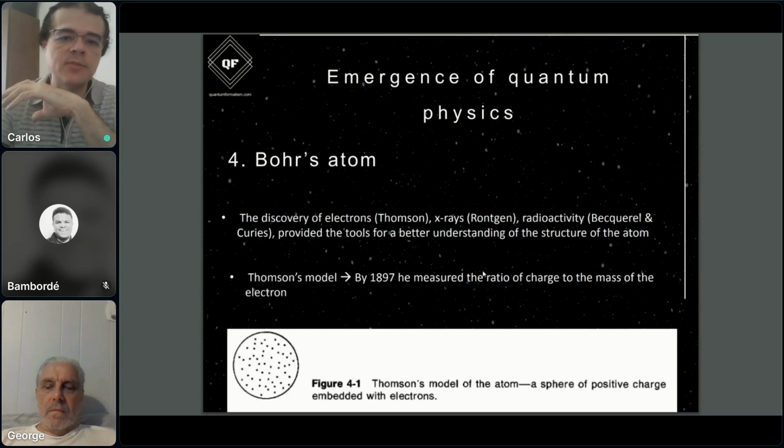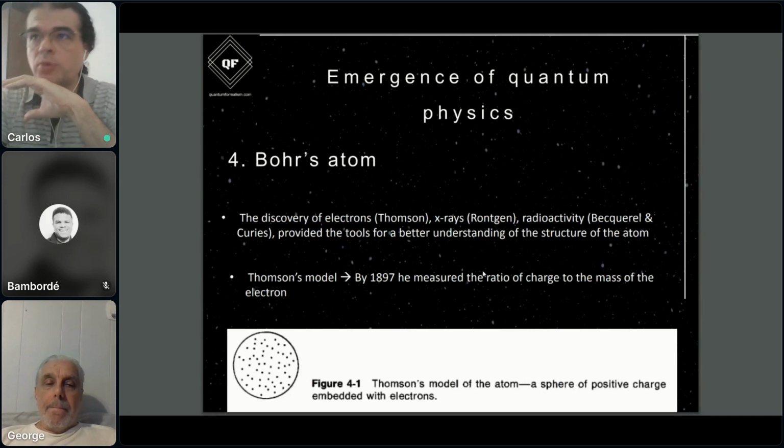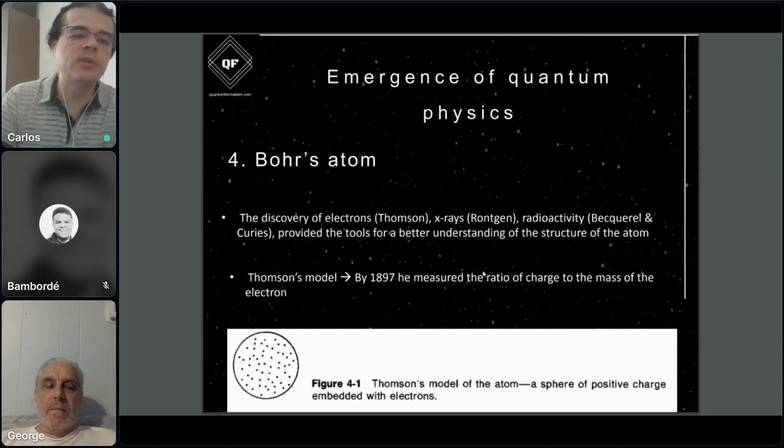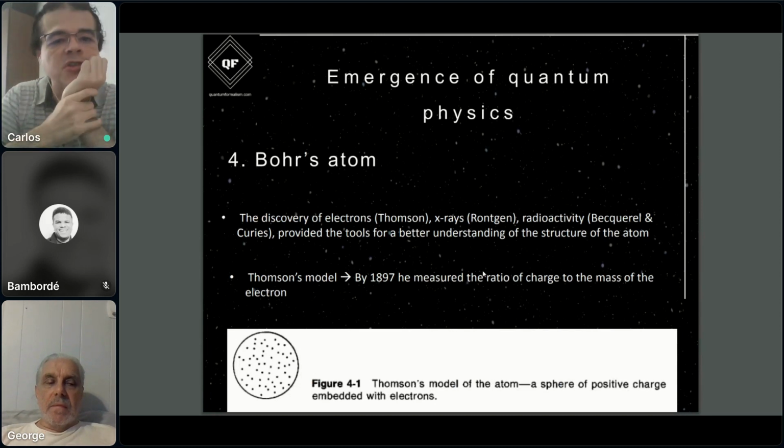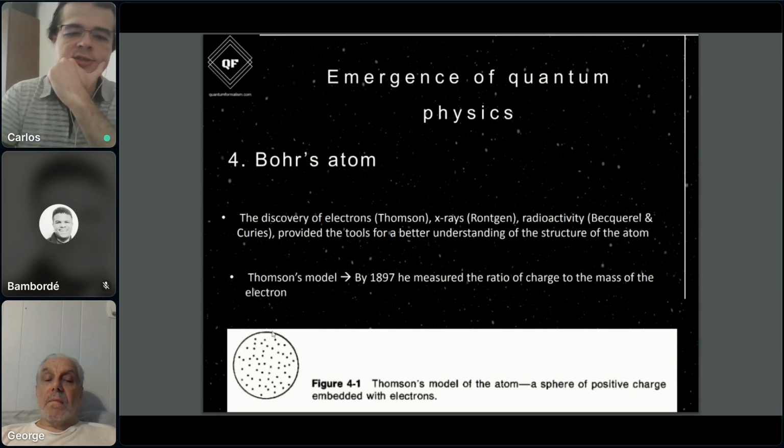At the same time, people were worried about explaining these properties of light, other people were worried about explaining the properties of the atom structure. So again, Thomson proposed a model like that: a sphere with positive charge embedded with electrons.